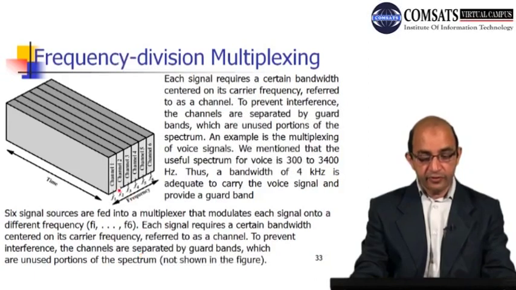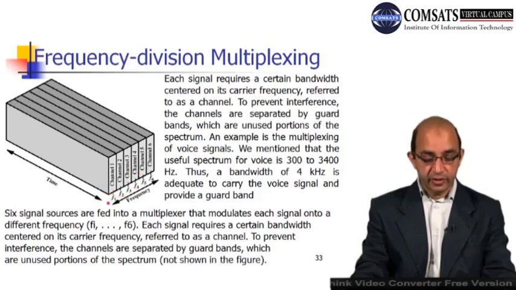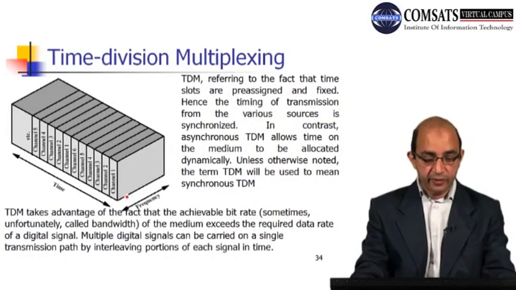So we have the whole frequency band over here, and we have chunked it down into smaller frequency channels and named them F1, F2, F3, and then we can use those different channels to communicate individual carriers. So this is the division in frequency, and here we have time slots.